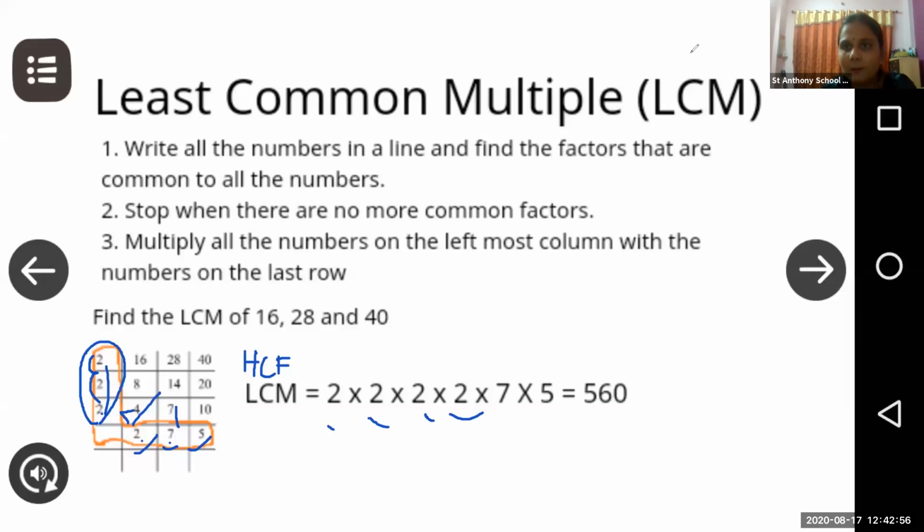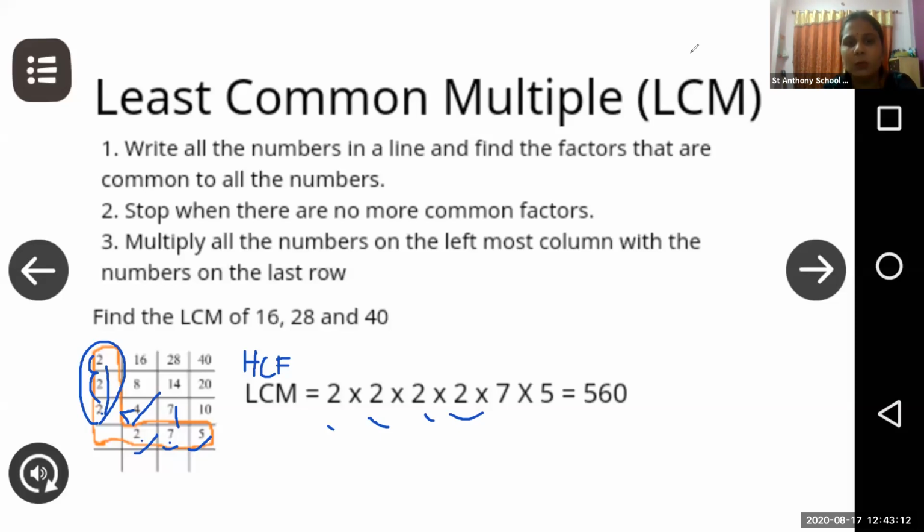Let me know the answer. 16 7s are... Yeah, I will explain it again. I will explain. We are going to see many problems.